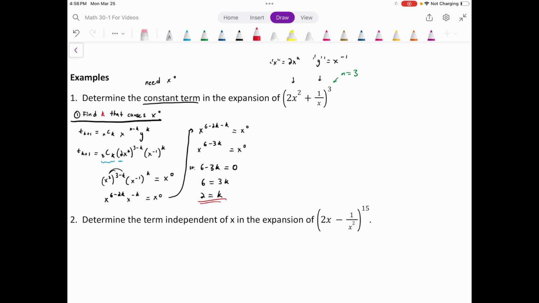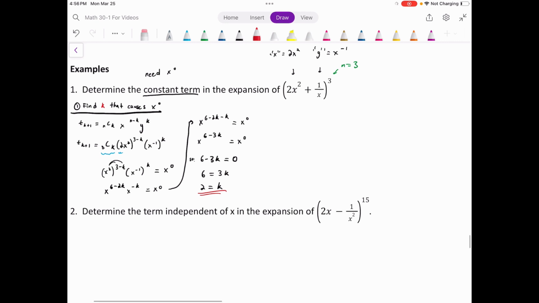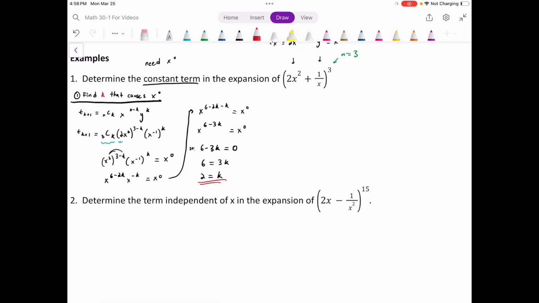What we've just figured out is that if k is 2, the overall exponent on x comes out to be 0, meaning it's just x to the power of 0, it's 1. And then all the other coefficient stuff is going to be what makes up the rest of that term. It's going to be multiplied by x to the 0, which is 1, giving us a constant. So if k is 2, we need which term number?